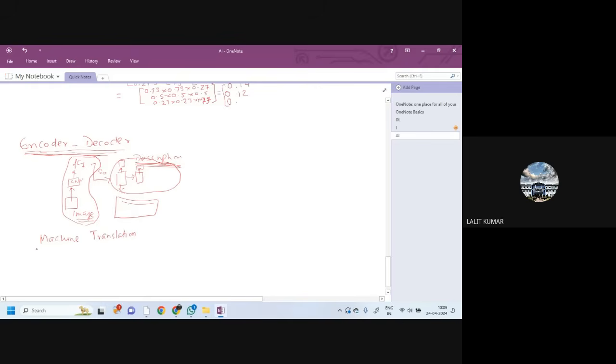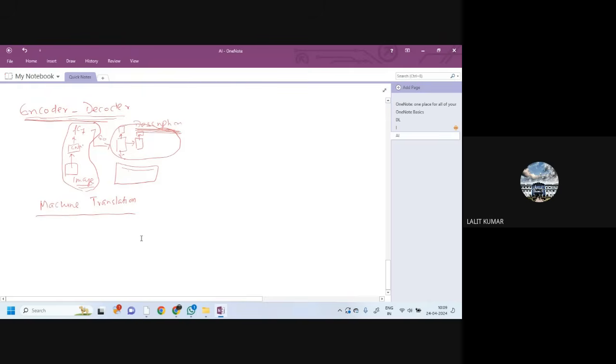For example, the input is "मैं घर जा रहा हूँ," and the task is to output "I'm going home." So if we see the standard encoder and decoder, what will happen in the encoder? This is the encoder.